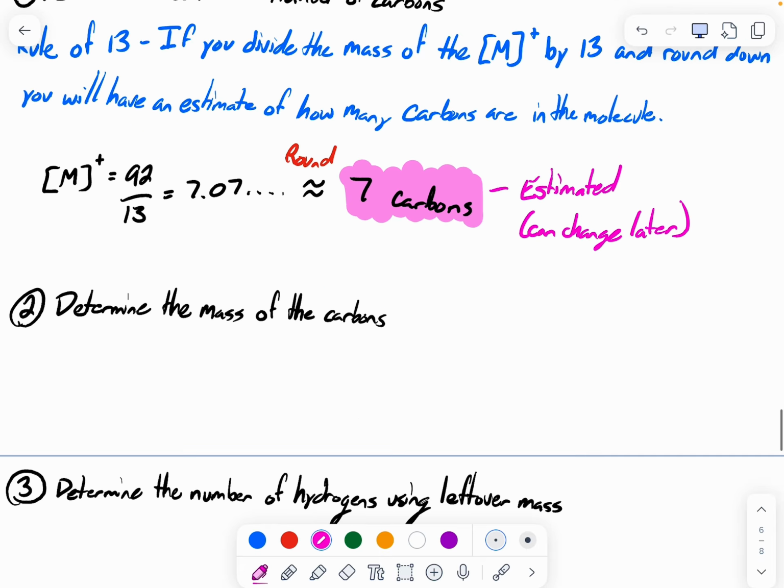Okay, second thing you do, now that you have an estimated number of carbons, is determine the mass of those carbons. We're using the same approach as before: if we have 7 carbons and they're all 12 AMU, you multiply those together and you get 84.